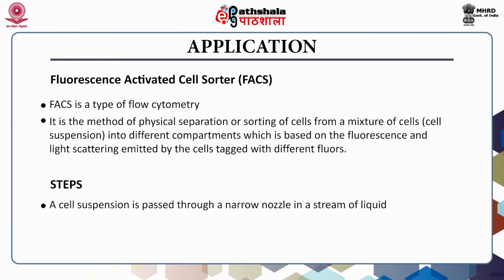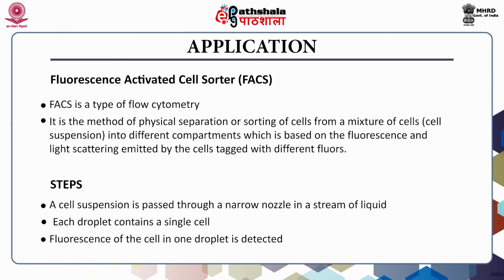A cell suspension is allowed to pass through a narrow nozzle in a stream of liquid. This fast flowing stream of liquid is broken into droplets and each droplet contains a single cell, which is achieved by vibration. One cell in one droplet then passes through the fluorescence detection apparatus, which senses the fluorescence characteristic of a particular cell.